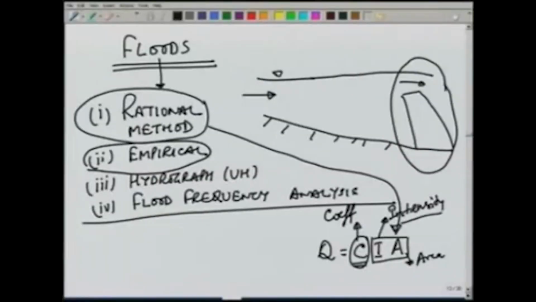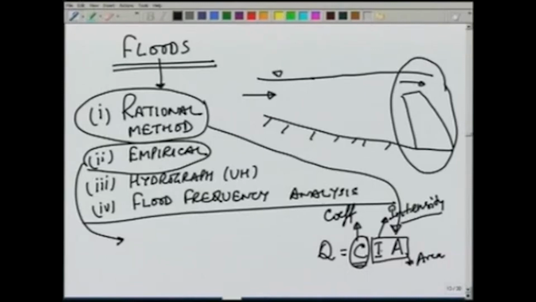For example, if the area is very impermeable, paved area is a lot, C will be very high. If the area is very pervious, then lot of water will go as infiltration and C will be smaller. Tables of C are given for different kinds of areas and we can look at that table little later on. In the empirical equations, the flood is given as some function of the catchment area.